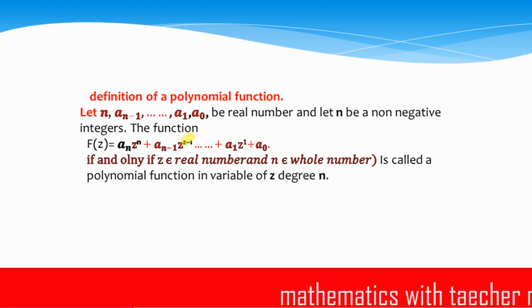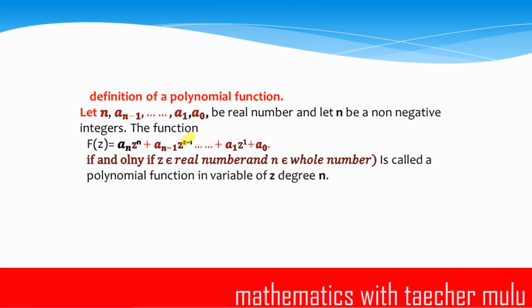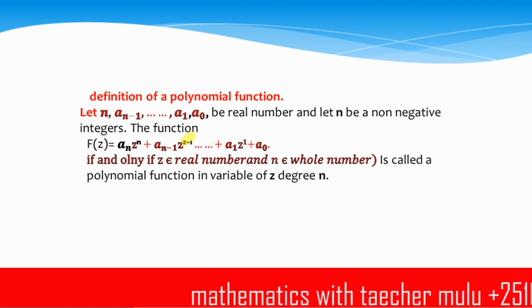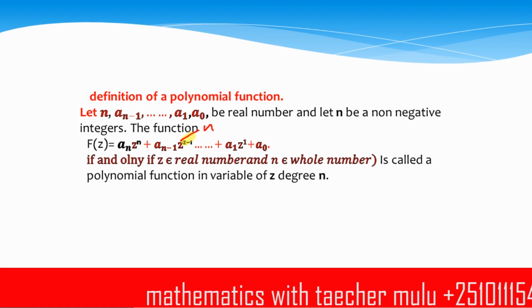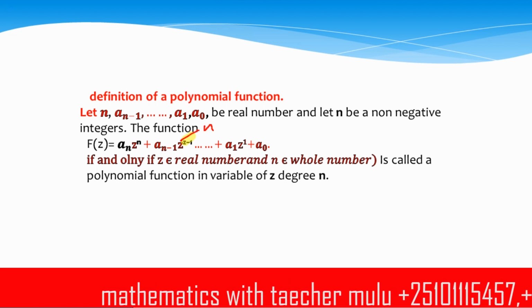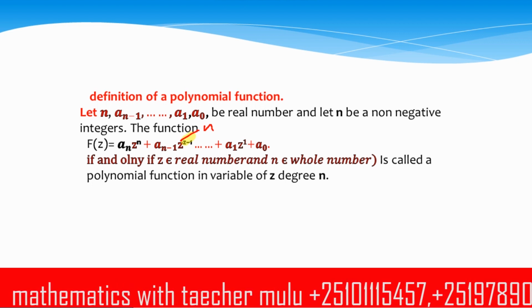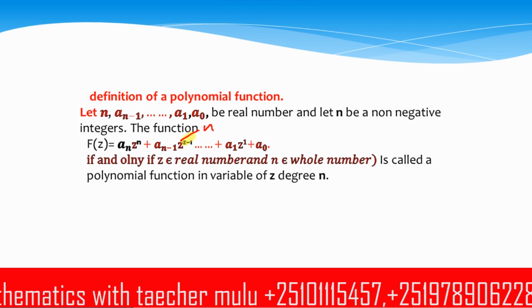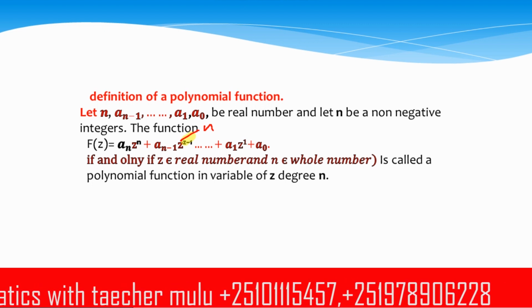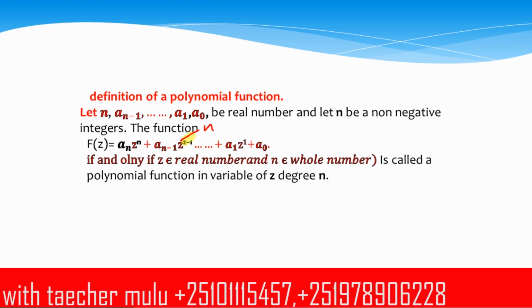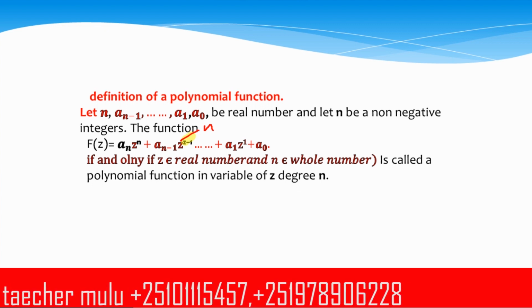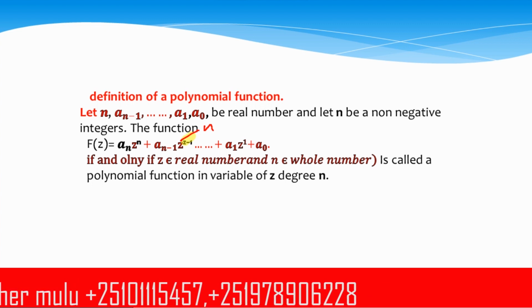Please replace this by n, not z. z is the variable here, not the power. n is the exponent or the power. So these are the three basic definitions of a polynomial function in different variables, with the same degree.